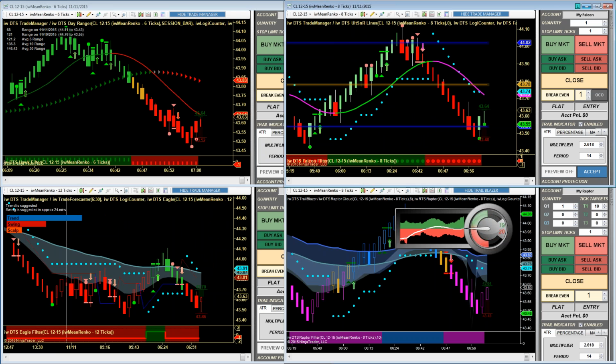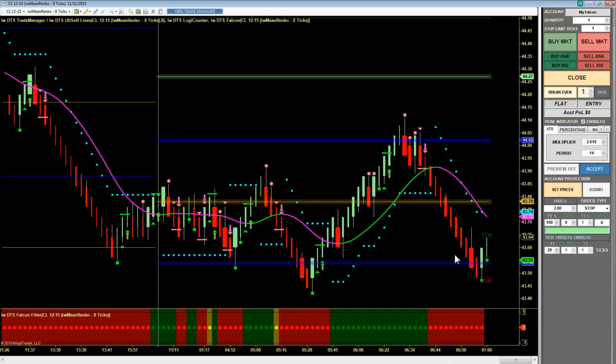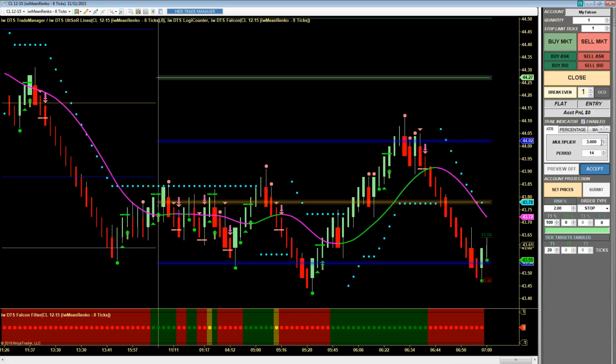While we've got crude oil up here, we might as well take a look at the swing trader. Oh, these blue dots that you see here, folks, these are the stop strategies. That's the other part of the Trade Manager. We have 16 different stop strategies to choose from, and they're all customizable. So you can change them however you want.